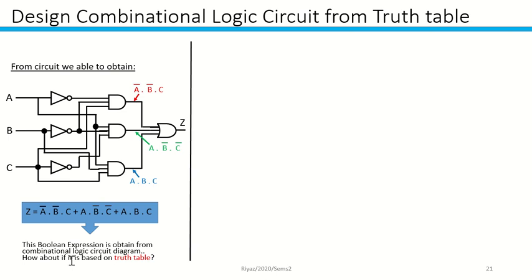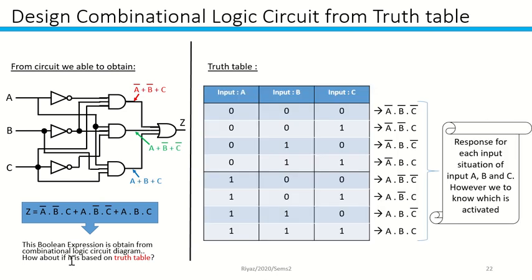So how about on the truth table side? From this one, because they have three inputs, you're going to have 2 to the power of 3, which is 8 possibilities, which are 0 0 0, 0 0 1, 0 1 0, 0 1 1.